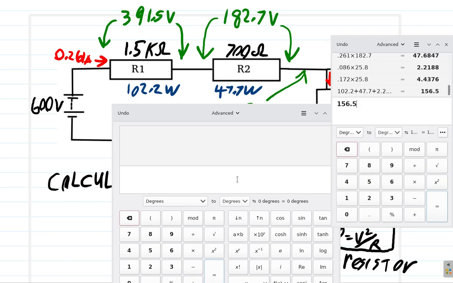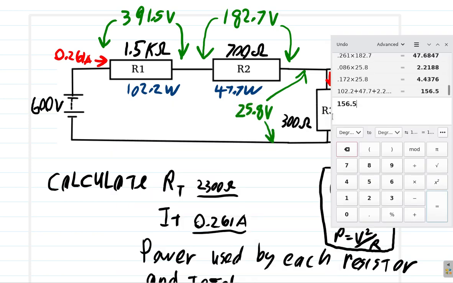Let's see. 600 volts multiplied by 0.261 amps, P equals IV, equals 156.6. It's just slightly different because of the rounding off, you don't get it directly.